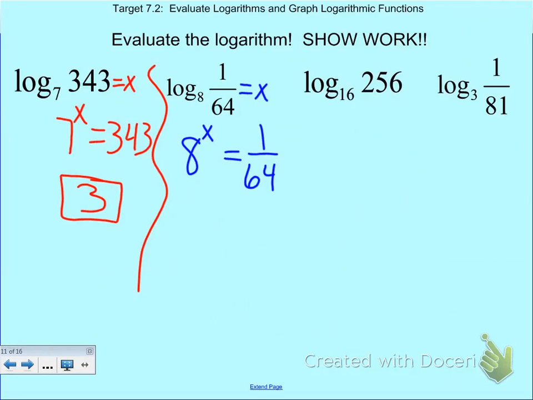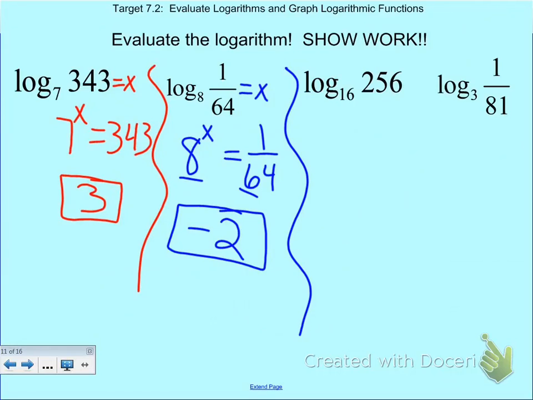So that tells us our answer is going to be, yes, that's right for everyone playing out there, that means it's a negative. We also need to know 8 to what number equals 64. Again, you should know that one. There's not really a reason to not know that one. But if you don't, you would take 8 times 8 until you get up to 64. You would have to do that 2 times. Our answer is negative 2.